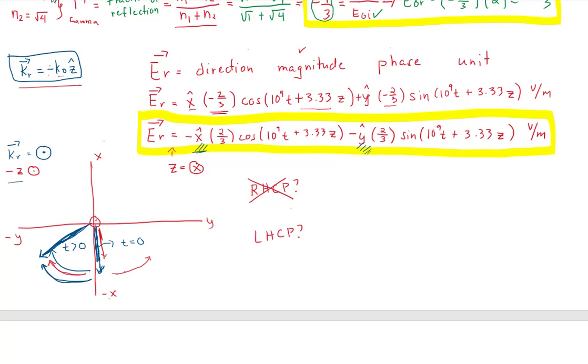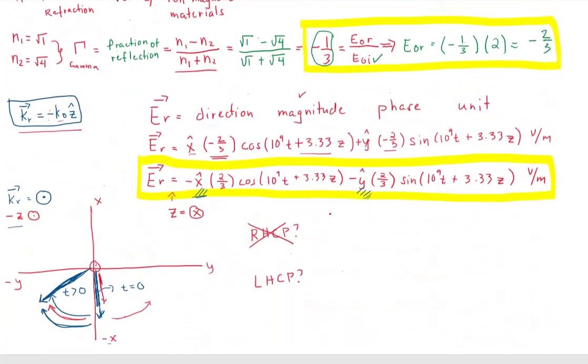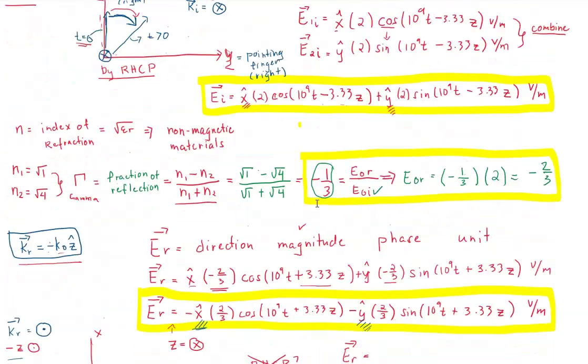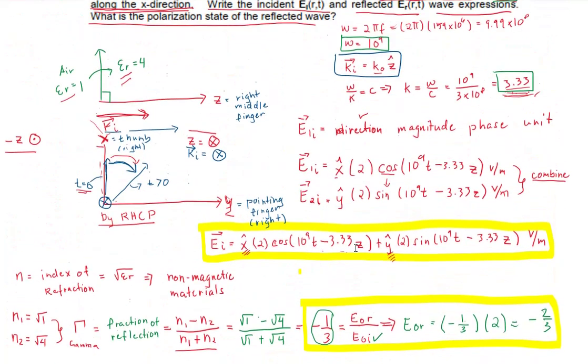So in conclusion, since it's asking us what is the state of the reflected wave, E sub r is equal to left hand circular polarization state. There you go. And we are all done.